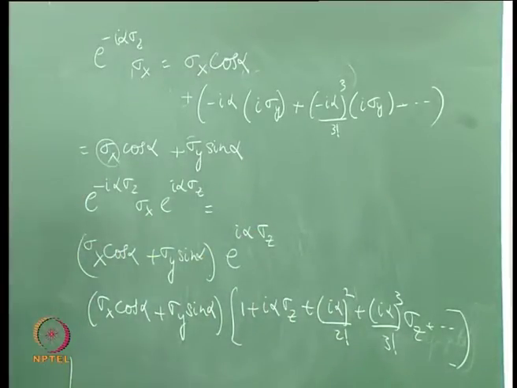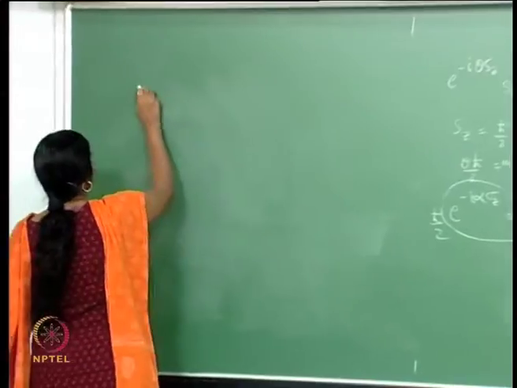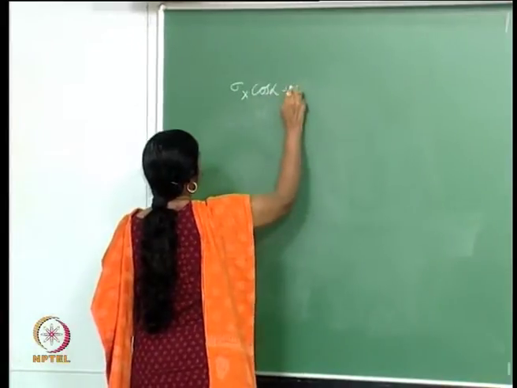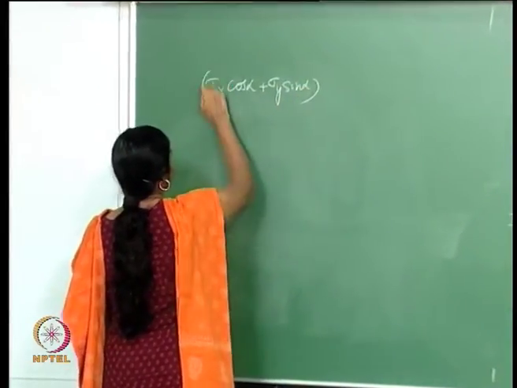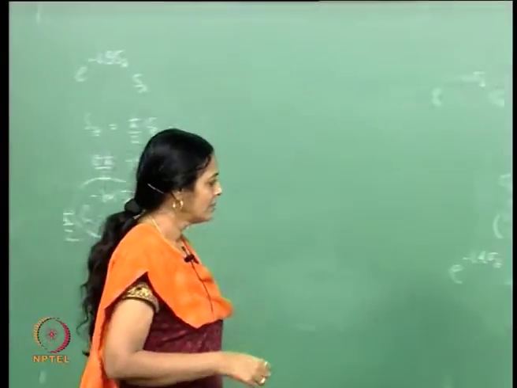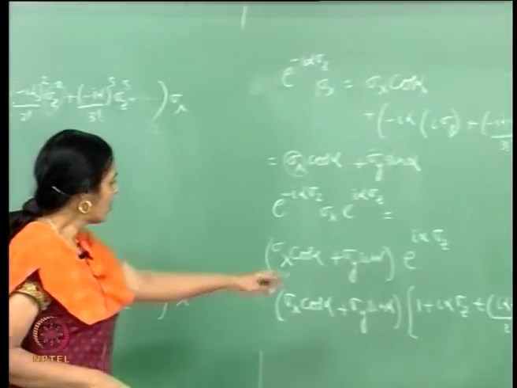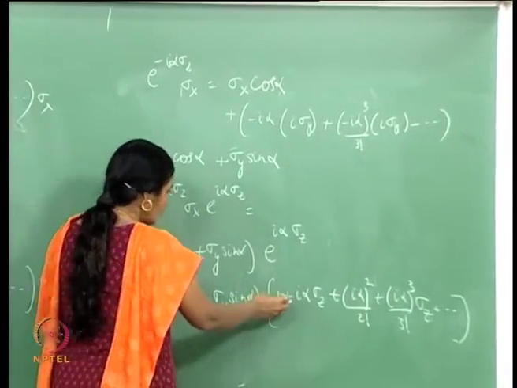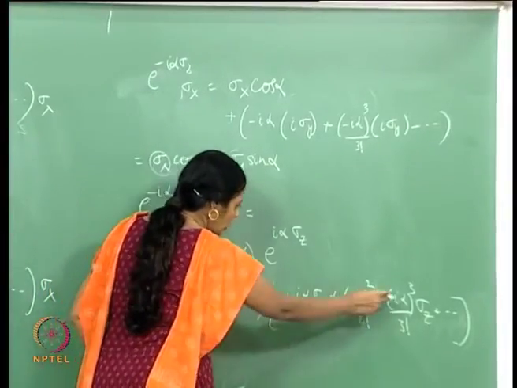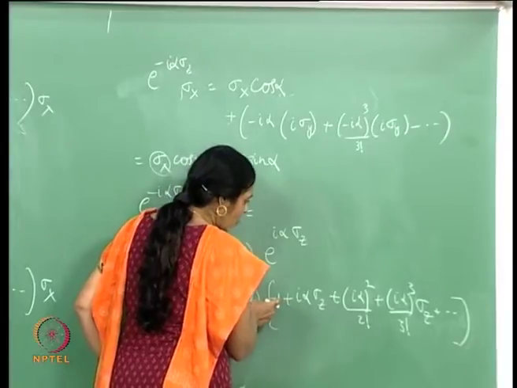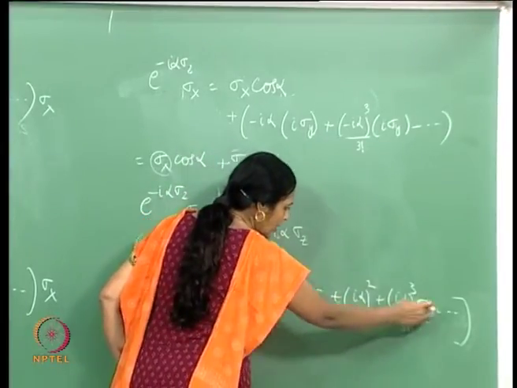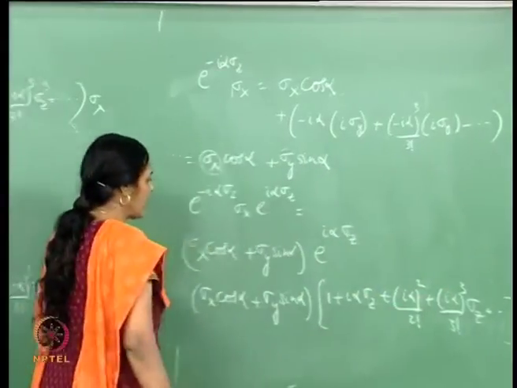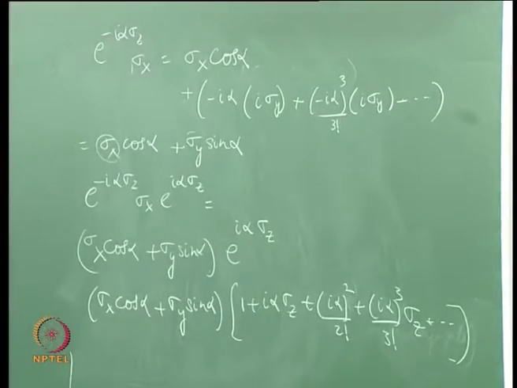That tells me that the whole object simplifies to sigma x cos alpha plus sigma y sin alpha times one plus I alpha sigma z plus I alpha the whole squared by 2 factorial and so on. So, there are terms which do not involve sigma z, and it is clear that that is 1 plus I alpha the whole squared by 2 factorial plus I alpha to the power of 4 by 4 factorial and so on, which is simply cos alpha.